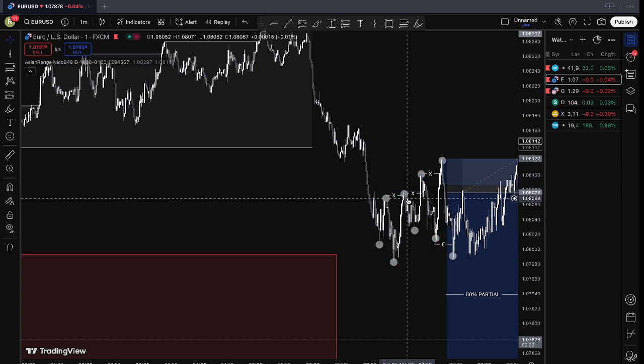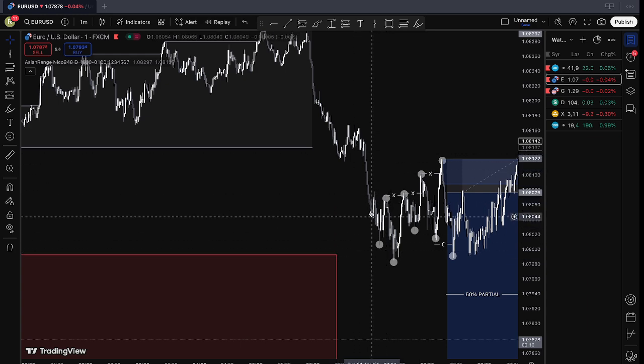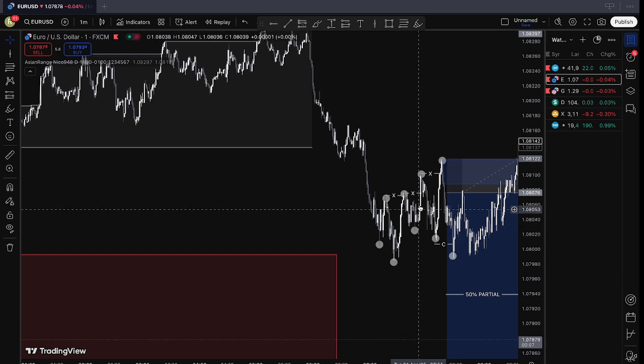It looks like a consolidation, but really and truly what happened was it pushed down. So it was making lower highs, lower lows. And then we got the push up, change of character, then breaking structure, which looks like it would be a good zone for buys. Which it was a good zone for buys. Let me show you. And then after this, it then changed character to the downside.